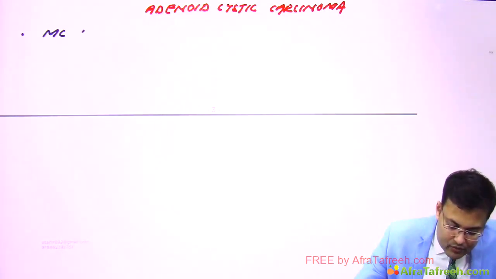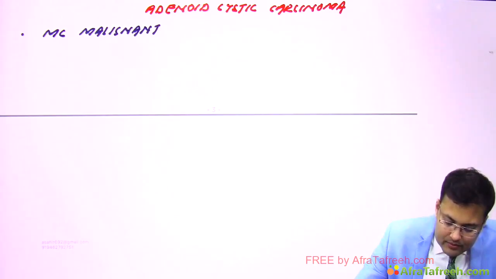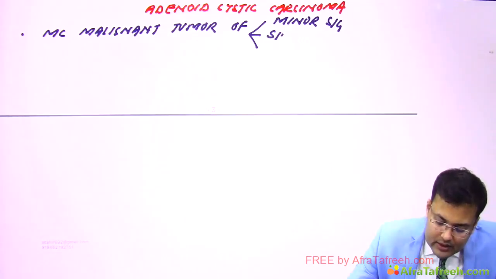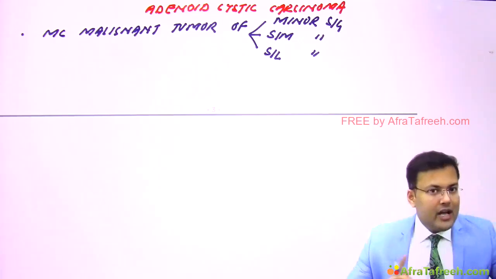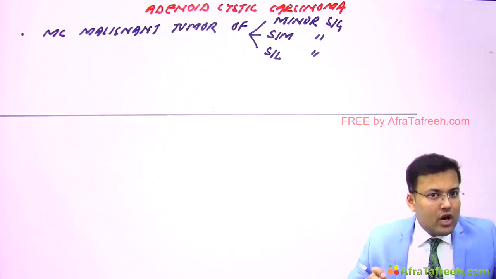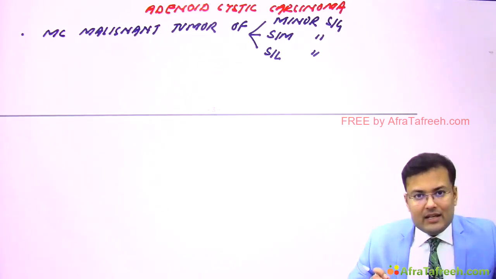First and very important question: it's the most common malignant tumor of the minor salivary glands, submandibular gland and sublingual gland. And we discussed, overall it is the second most common malignant salivary gland tumor.